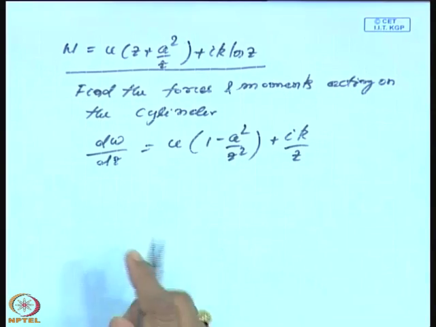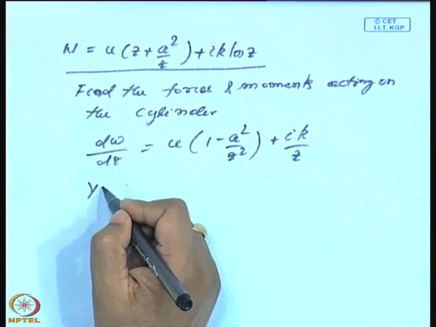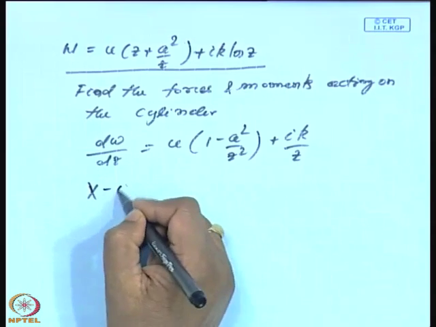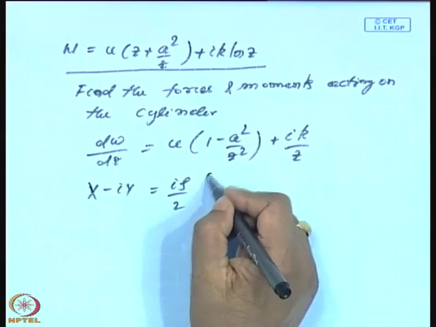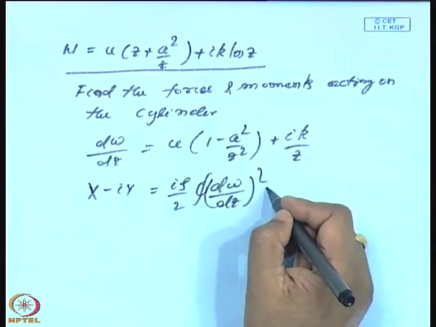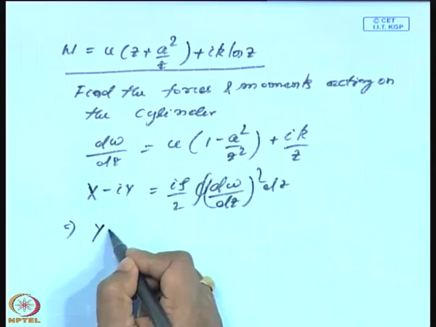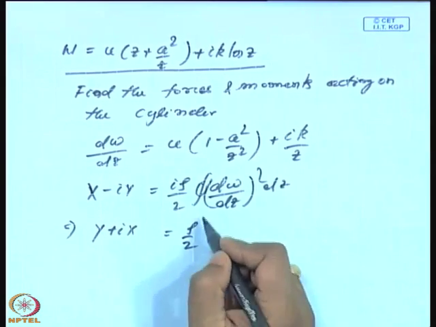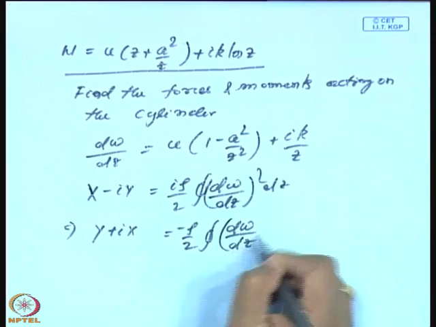Then X minus iY will be i rho by 2 times the integral of (dW/dz) squared dz, which I can also write as Y plus iX equals minus rho by 2 integral of (dW/dz) squared dz.